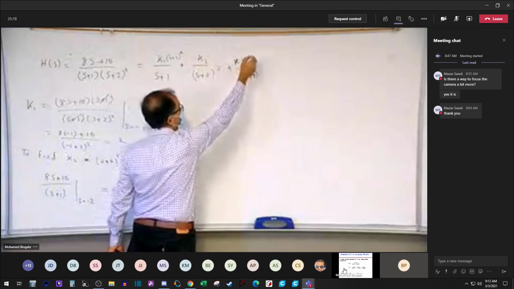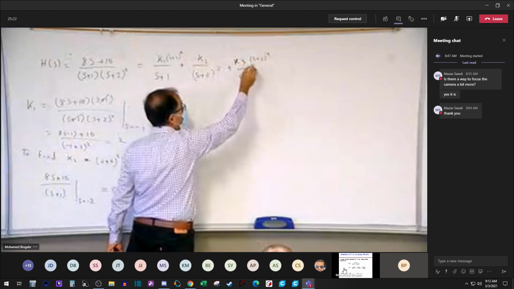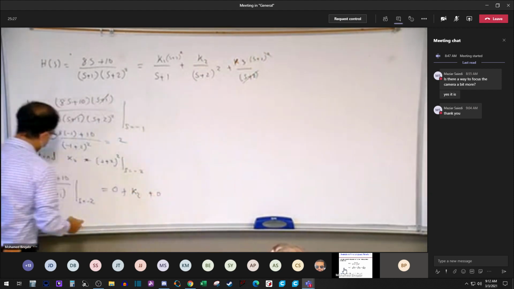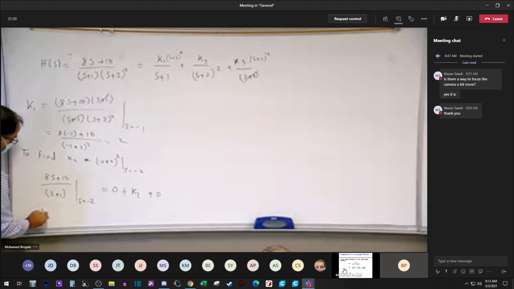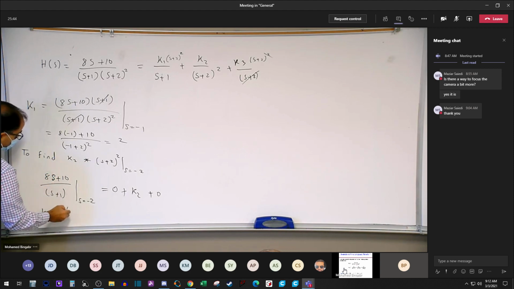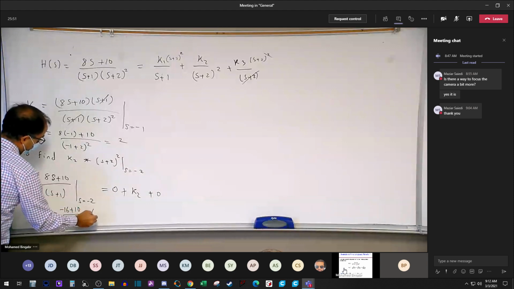And when you multiply this by (s plus 2) squared, this will cancel only one of them. Then you set s to minus 2, and this will go to 0. From here, K2 equals: plug in s equals minus 2. Minus 2 times 8 is minus 16, plus 10. Minus 2 plus 1 is minus 1, so that is 6.